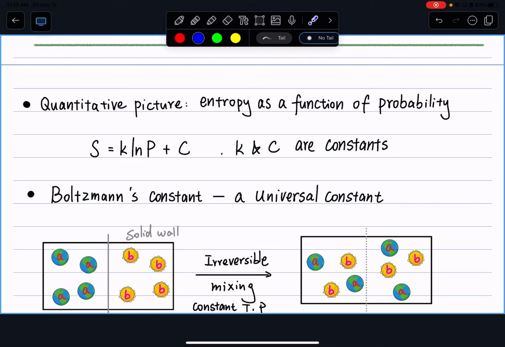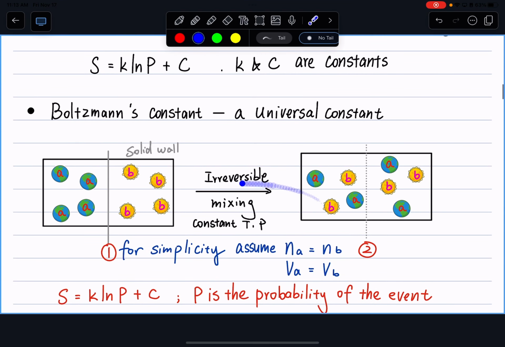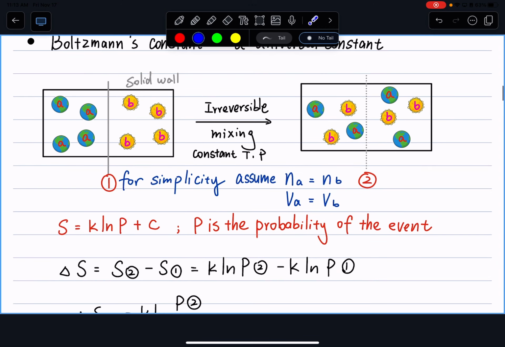And we went back to our original problem, the irreversible mixing of ideal gases. Now we solve that problem using probability theory instead of the second law of thermodynamics, the dq over T. We went over the derivation like this.